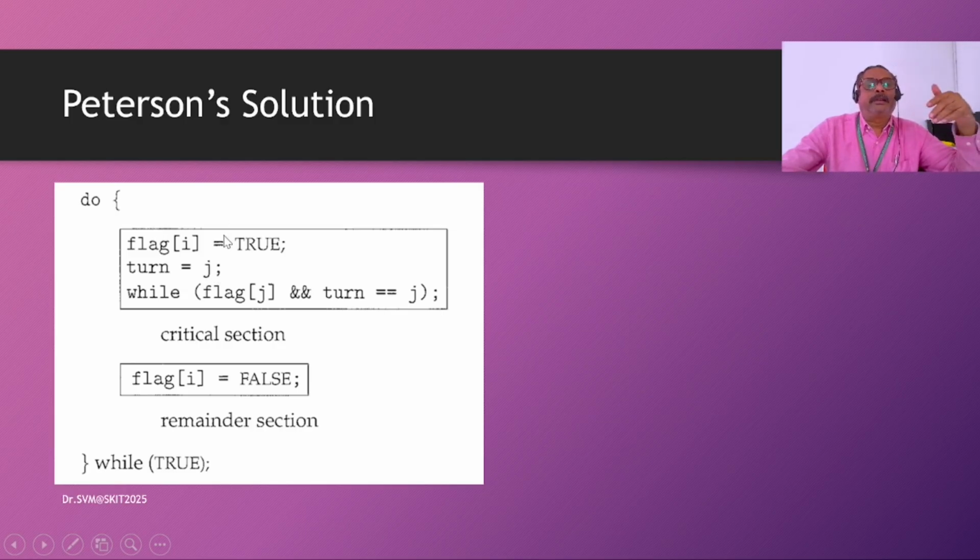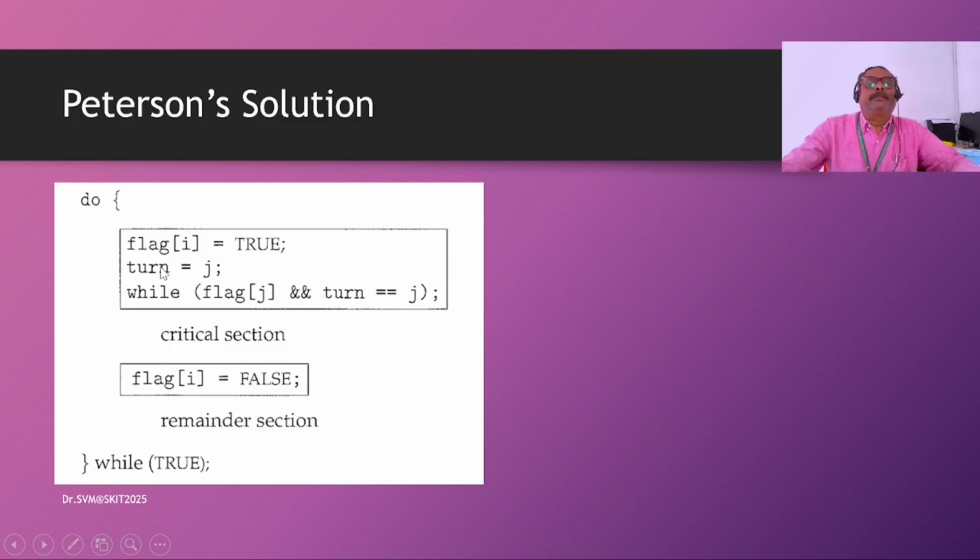If J has written last, we find I there, because cooperatively process I says J should go first, and process J in the same way says that I should go first, and who said it last matters. Who said it first doesn't matter, because we are overwriting the variable turn, and who has written last, that value remains there on the location. So depending on who said it last, that one will matter.